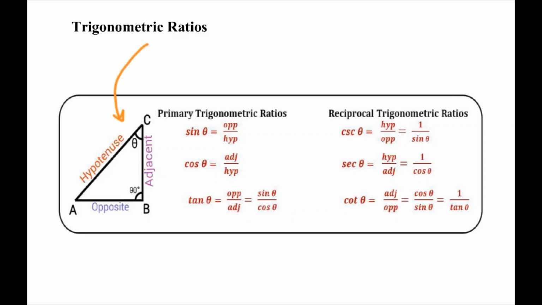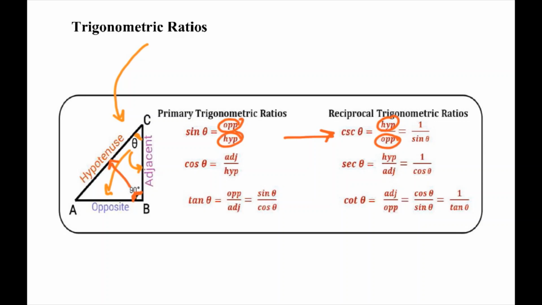So if I have this right angle triangle and this is my theta here, then this is going to be my opposite side, this is going to be my adjacent side, and the side that is opposite to the right angle here, that's going to be my hypotenuse. So by looking at the ratios here, we'll say that sine is opposite over hypotenuse, and the reciprocal is cosecant, which is 1 over sine, hypotenuse over opposite.